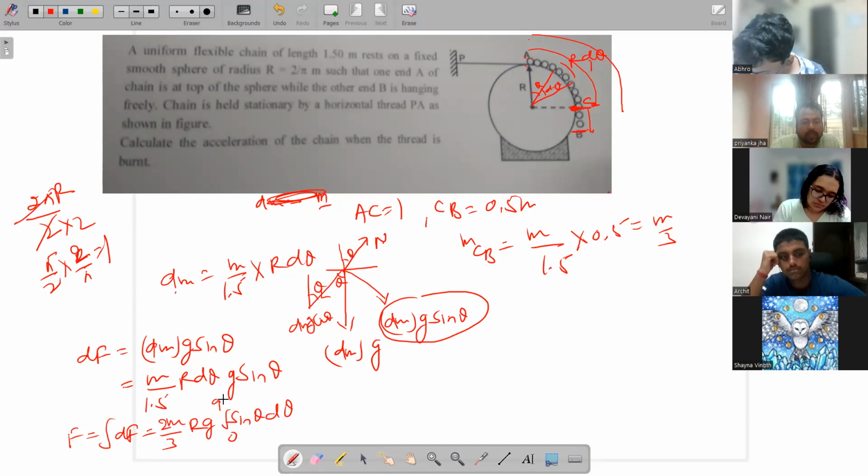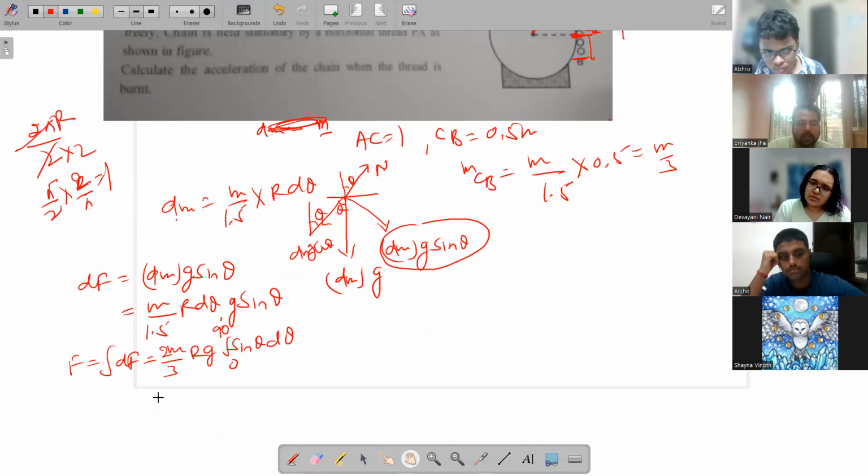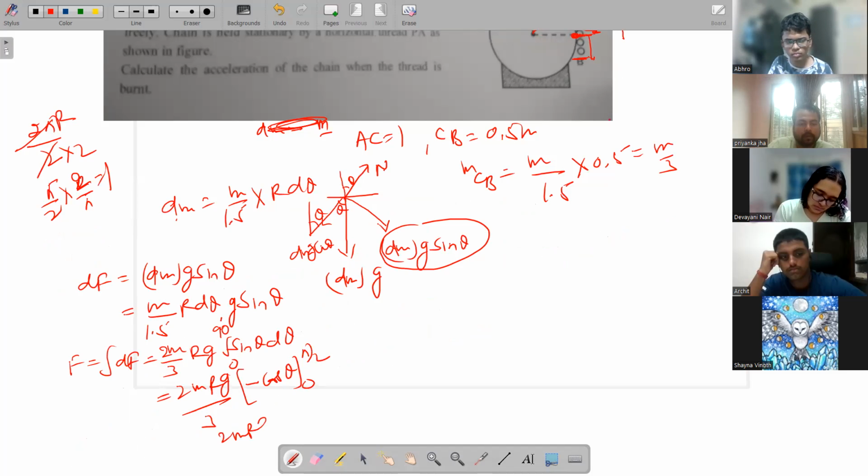Here theta will vary from 0 to 90 degrees because the chain is from here to C. Now if you solve it, you will get 2mrg by 3. Integration of sine is minus cos, and you just have to put the limits, reversing the sign, 0 to pi by 2. If you put 0, cos 0 is 1, cos 90 is 0. So this is 2mrg by 3. This is the force on this part of the chain from A to C.